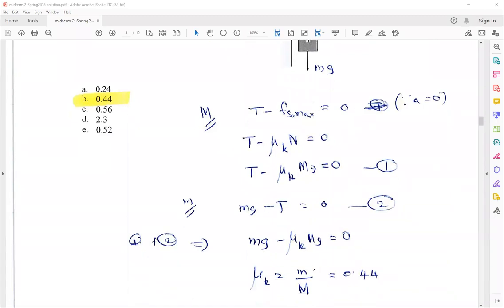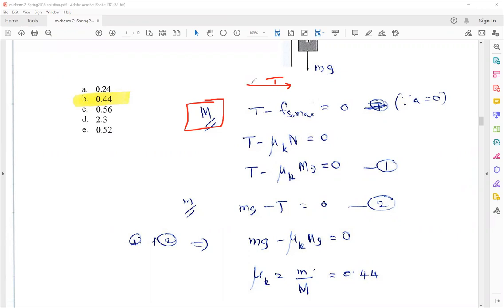So tension, the tension that builds in the cord. If you focus on block M, what is acting is tension, which is to the right. This is the free body diagram.